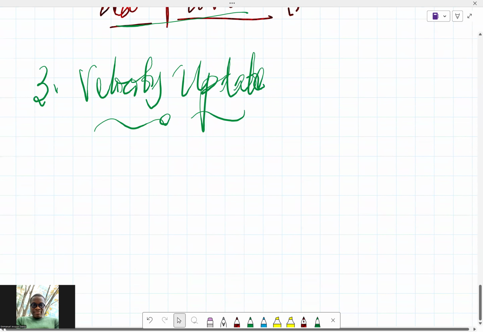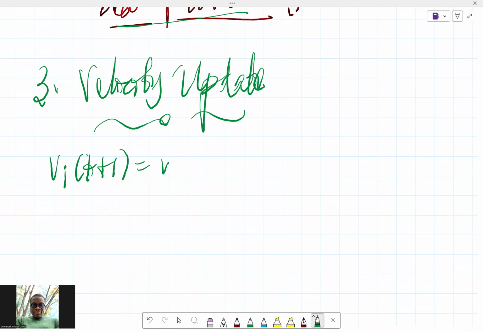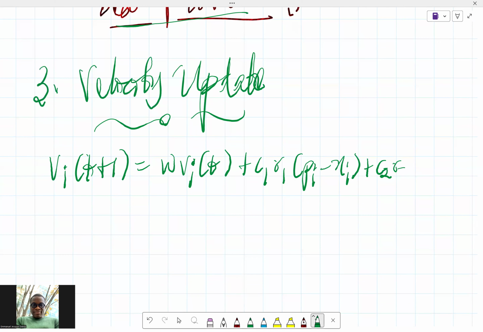The velocity of each particle is updated using the following equation: v_i(t+1) = w v_i(t) + c1 r1 (p_i - x_i) + c2 r2 (g - x_i).